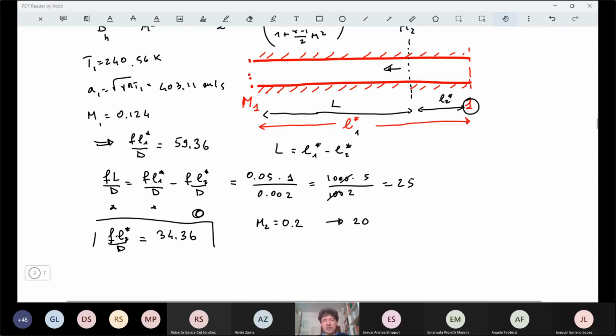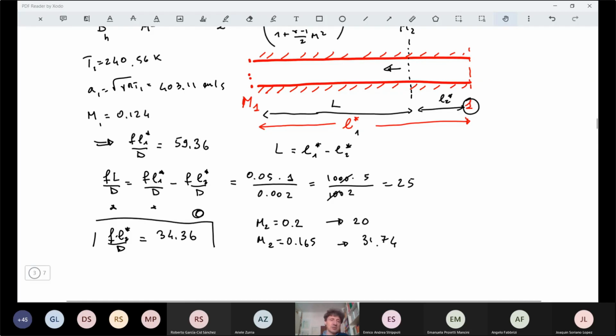Try to linearize it some way and say that 34 is 14 over the difference which was with L1, it should be over 39, 14 over 39, and the 14 over 39 should be normalized with respect to the difference 0.2 minus 0.124. If you do so, you obtain 0.165 more or less, and it results that our FL2 star over D would be 31.74.